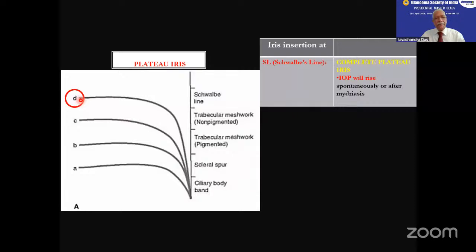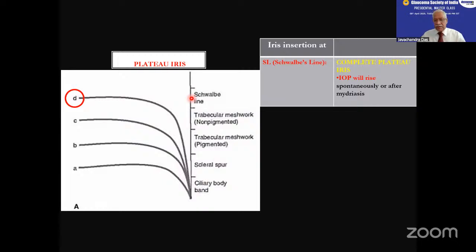Say, for example, in case you dilate it, the iris will strike over here at Schwalbe's line, the anterior line, and the rest of these structures will all be occluded. That means this is a complete plateau iris, and this will give rise to an intraocular pressure rise sooner or later, whether you are dilating it or it is spontaneously dilated because of some other reason.